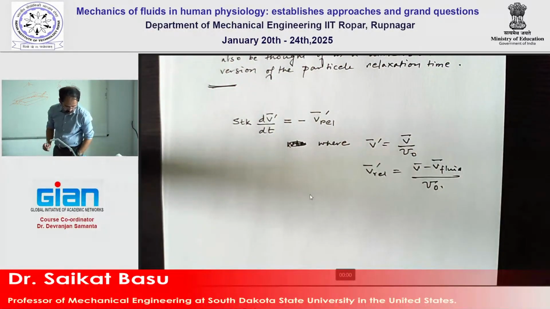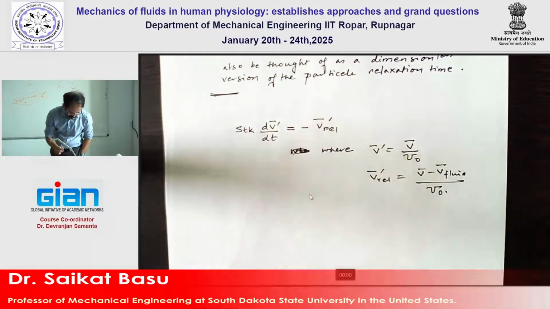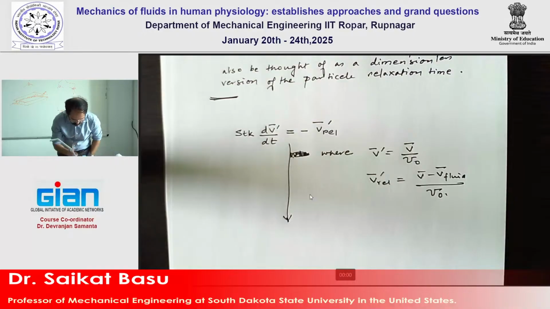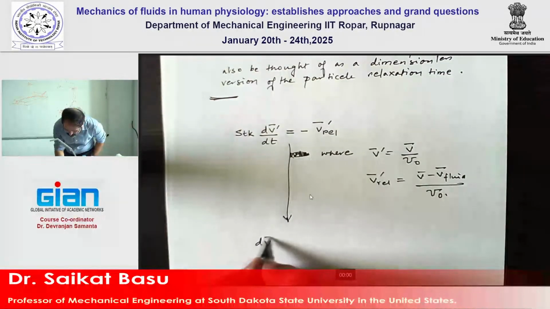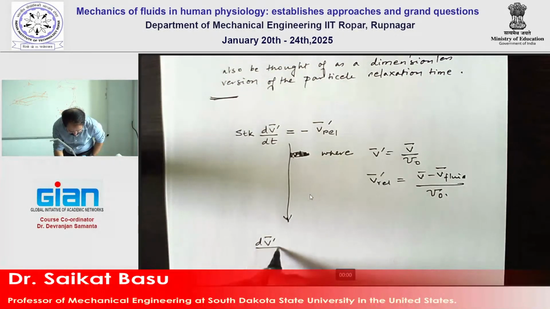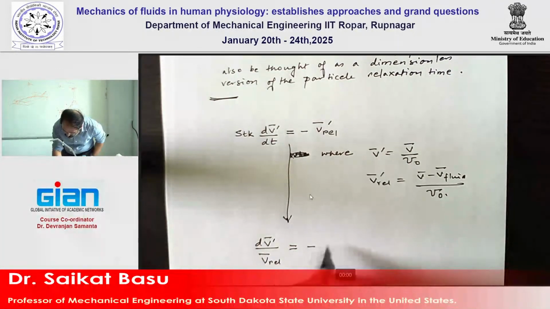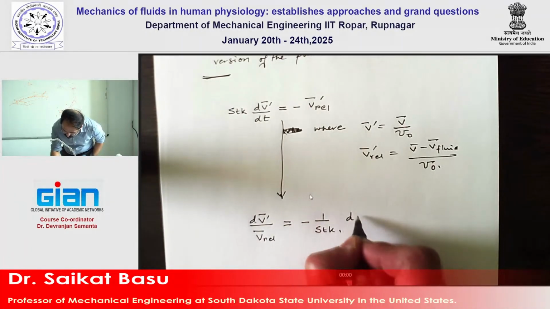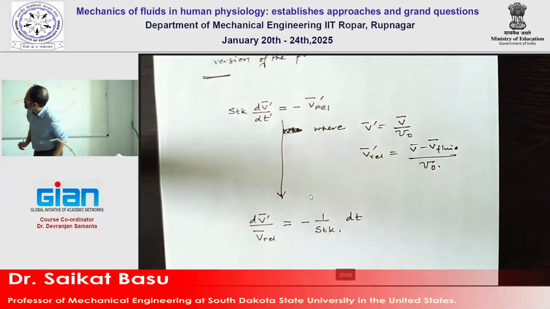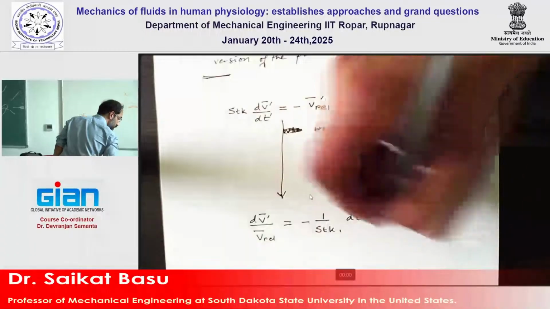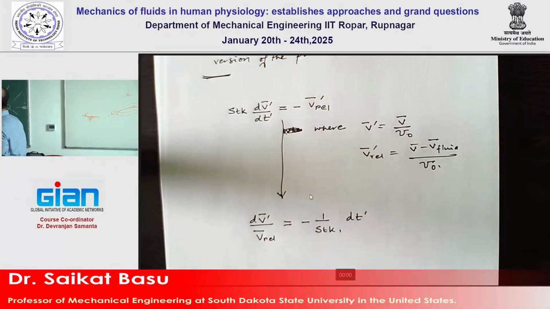Now let's try to solve this particular equation and see what we get. So dV prime over V relative is equal to minus 1 over STK times dt prime. There was a t prime over here, sorry, so we have just changed sides. Let's now try to integrate this and see what we get.